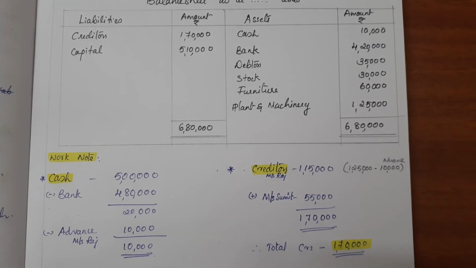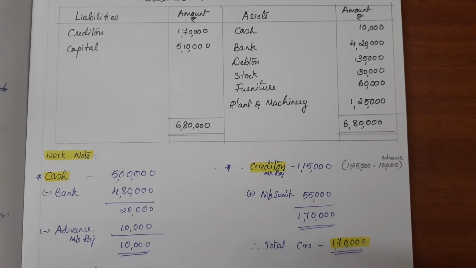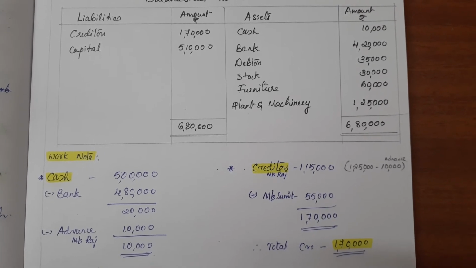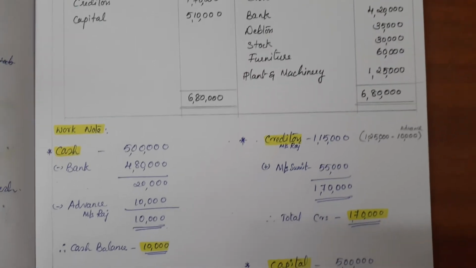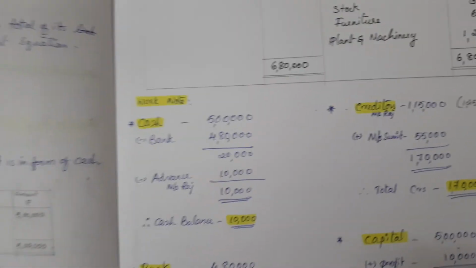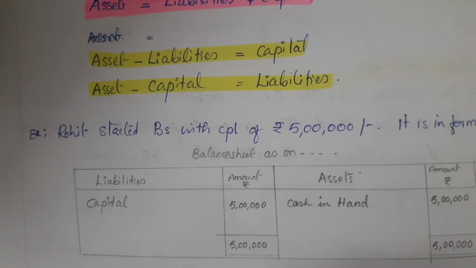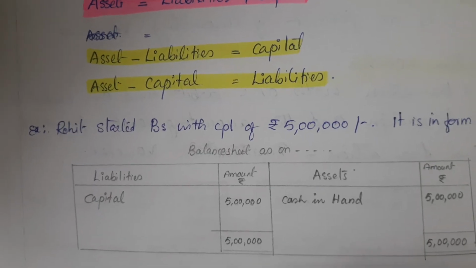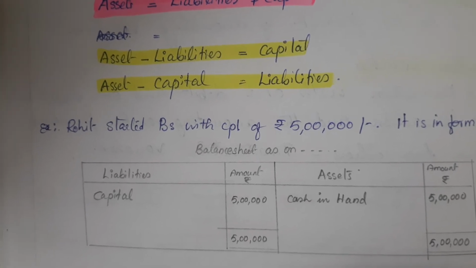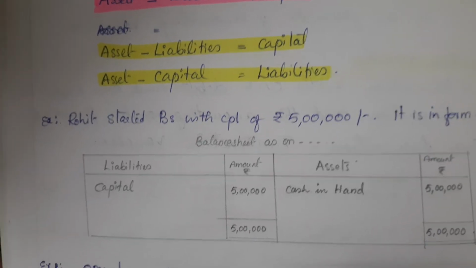Now, here on the right side, assets, cash 10,000. You will be wondering how we received 10,000. The person who started the business, Rohit, started the business with capital of rupees 5 lakh, and that was cash in hand.